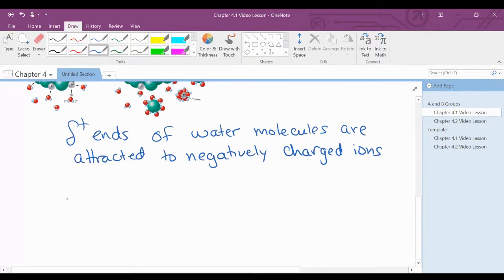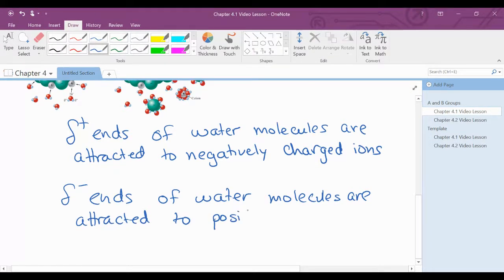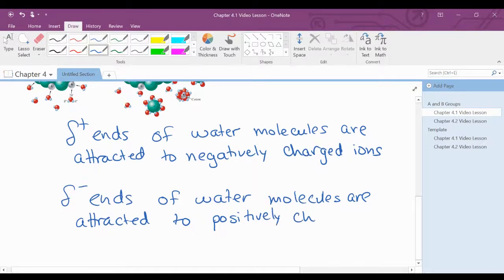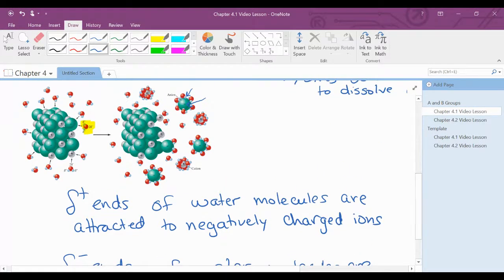And then the partial negative ends of water are attracted to positively charged ions. So up here, in this example, you have oxygen, which is partially negative, attracted to the positively charged ion, the cation.